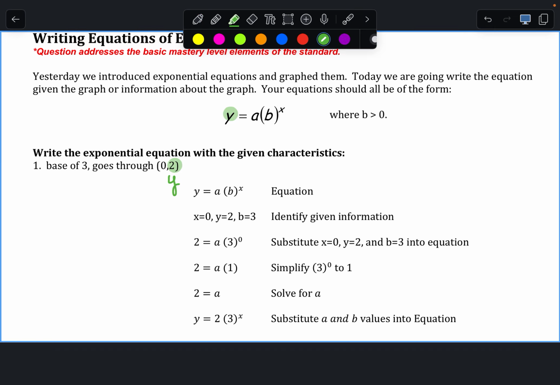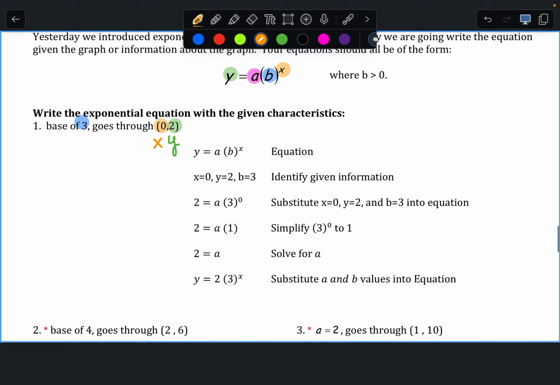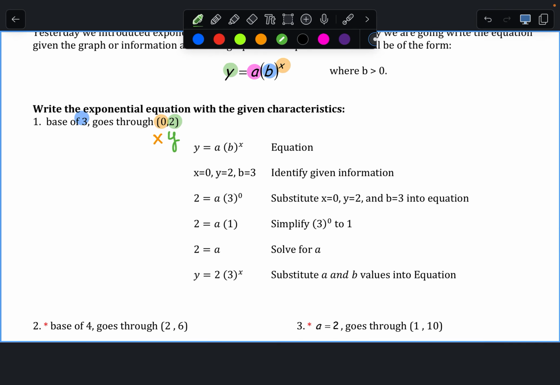In other words, this 2 is from the y. We don't know the a. This 3 is from the base, and that 0 is from that point. Now just a friendly reminder, anything that has an exponent to the 0 power is 1.